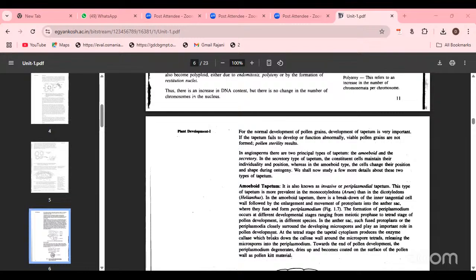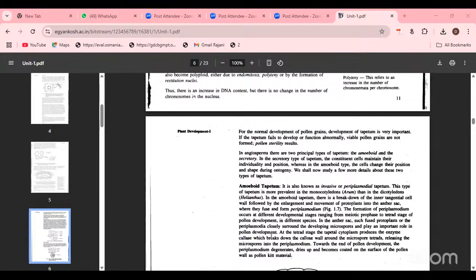In the amoeboid tapetum, there is a breakdown of the inner tangential cell wall, followed by the enlargement and movement of protoplast into the anther sac, where they fuse and form periplasmodium.